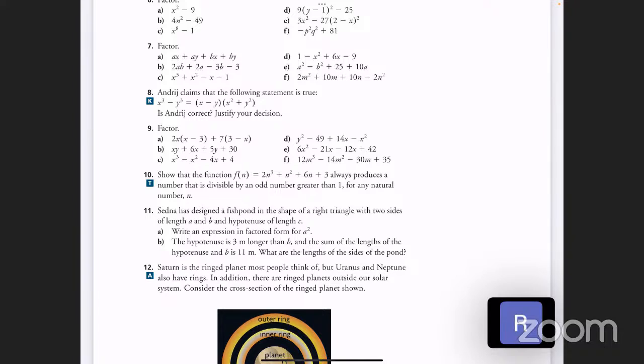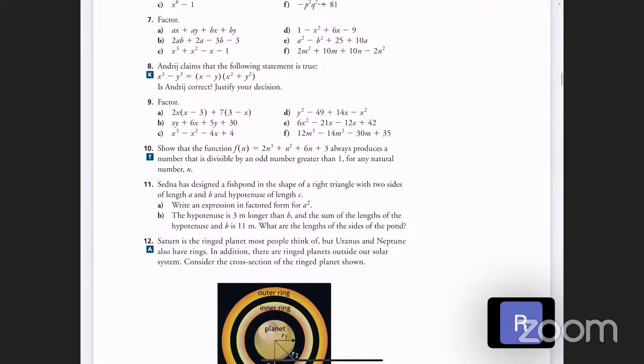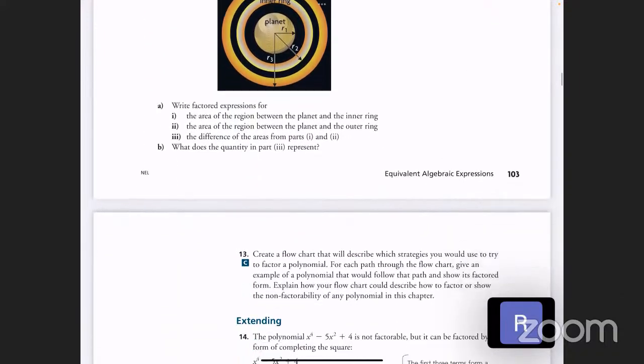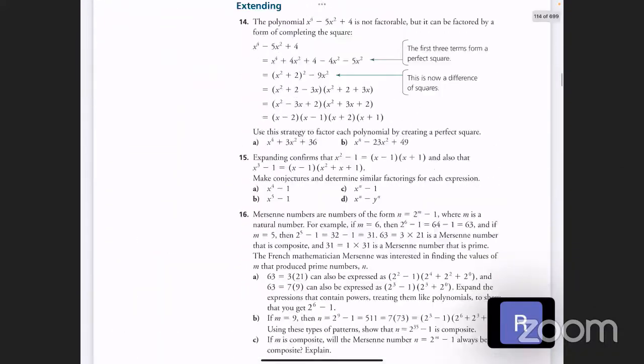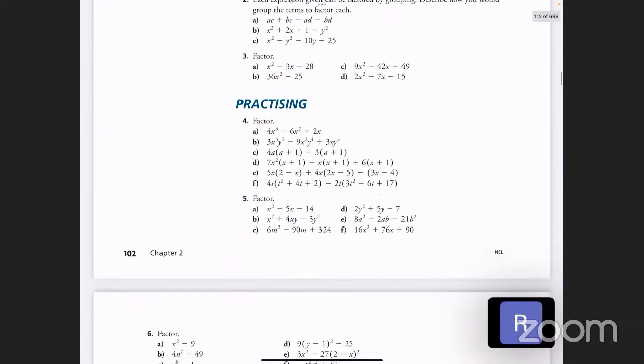No questions on the textbook problems? Wait, what page is that? This is the factoring unit. This is pages 102, 103, and 104.